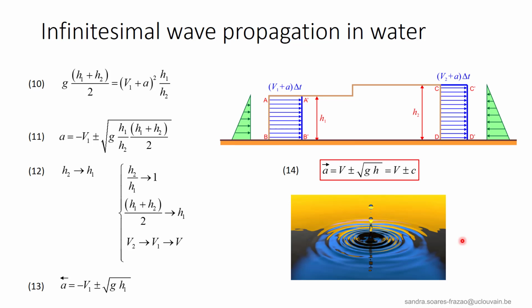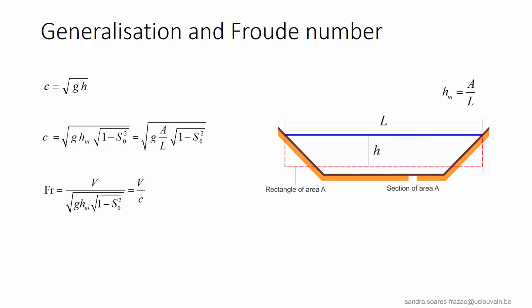If the water is at rest, as illustrated here, waves will travel at the same speed in all directions, as we can see here for the drop falling in still water. The expression here that we just obtained for the celerity can be generalized to any cross-section using the definition of the mean depth that is recalled here, and accounting also for the bed slope.